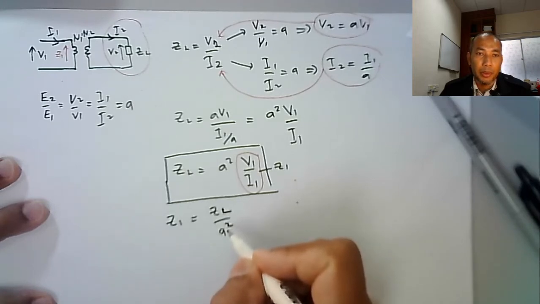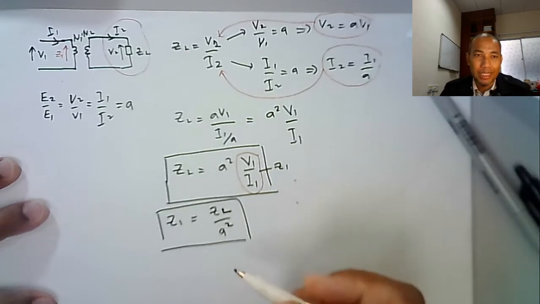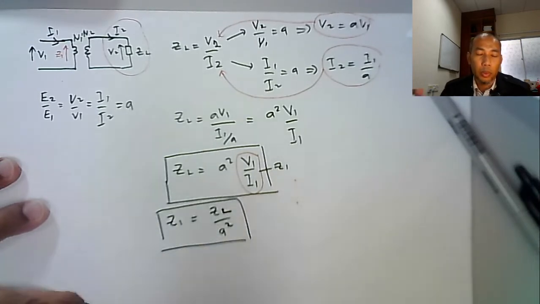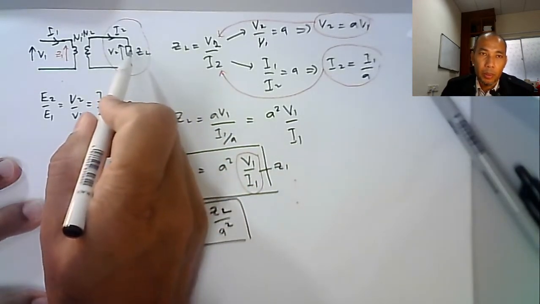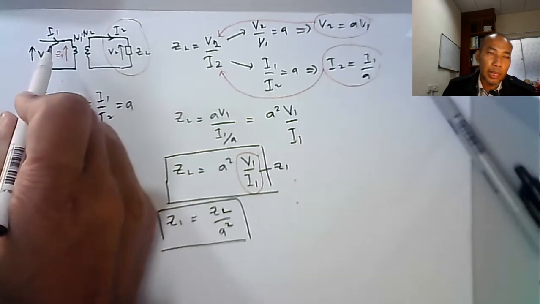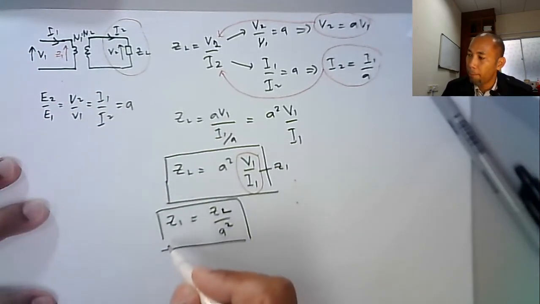This is the value of Z2 that we want to transfer to the primary, so we write it like this.